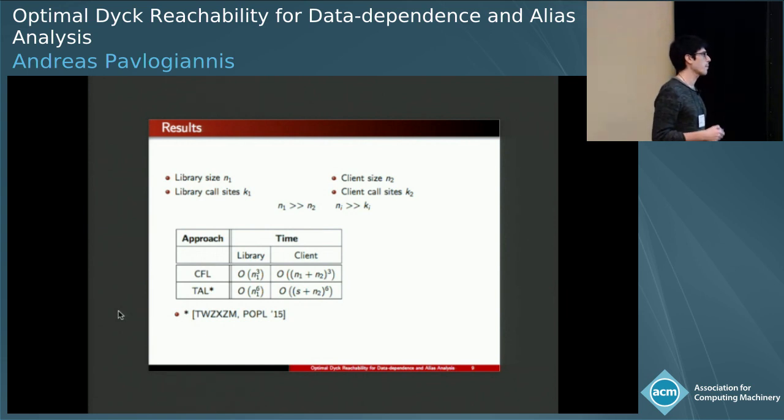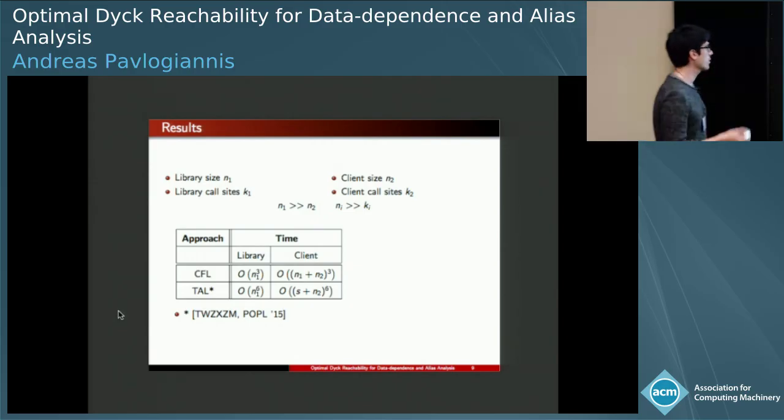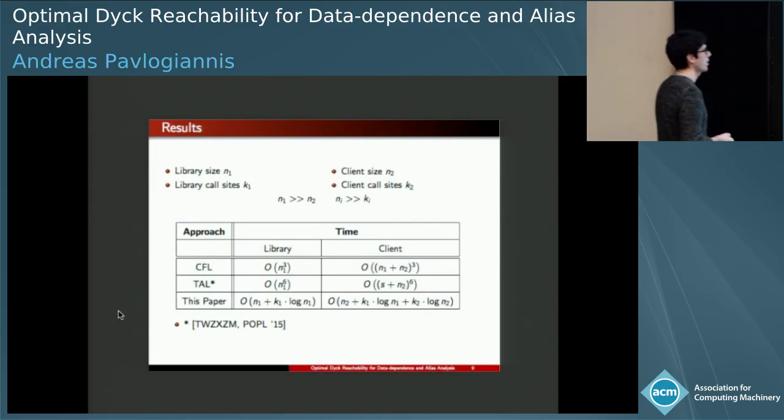So you're happy with paying a much higher cost on the library side, right? n to the 6 instead of n to the 3rd. But since now you're more effective in your summarization, you create some summaries of size s here. And you're hoping that this expression raised to the power of 6 here is better than paying n1 to the 3rd, essentially.